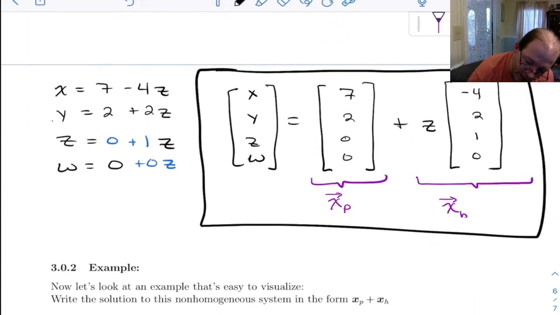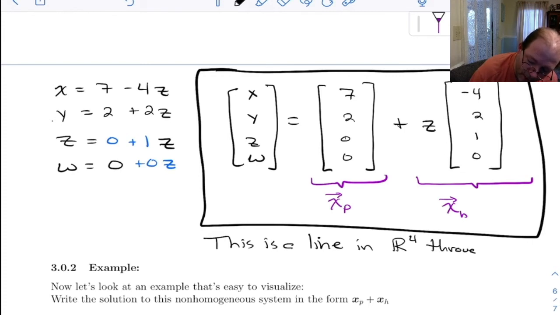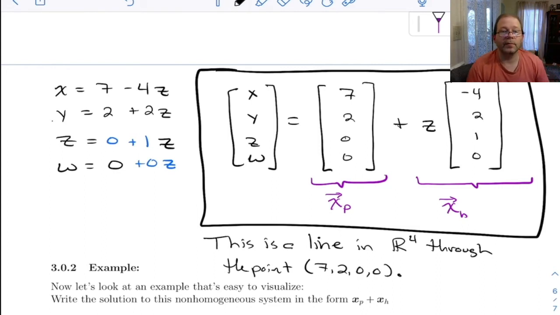So if we wanted to describe this geometrically, this is a line, as in 1 dimension, in R4 through the point (7, 2, 0, 0). And that's how we describe it geometrically.